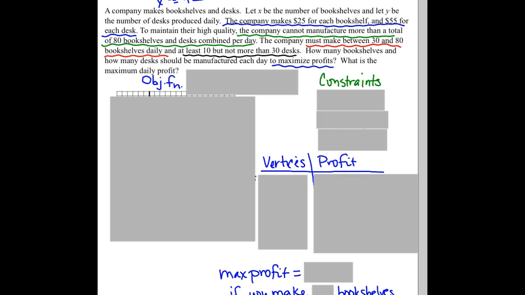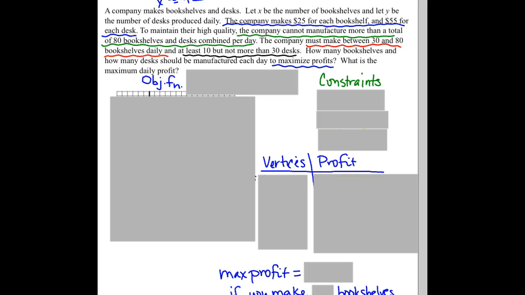So the question they're asking me about is profit. Yes? I'm going to create an objective function about profit. Your objective function is what you're trying to maximize or minimize. So rereading the question, where do you see information about profit? Yep, I tried to color code things here.